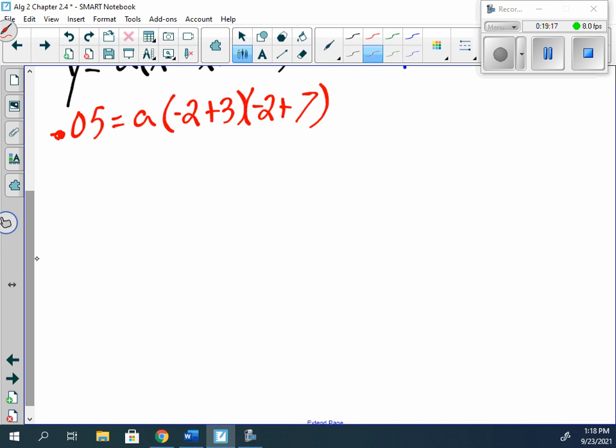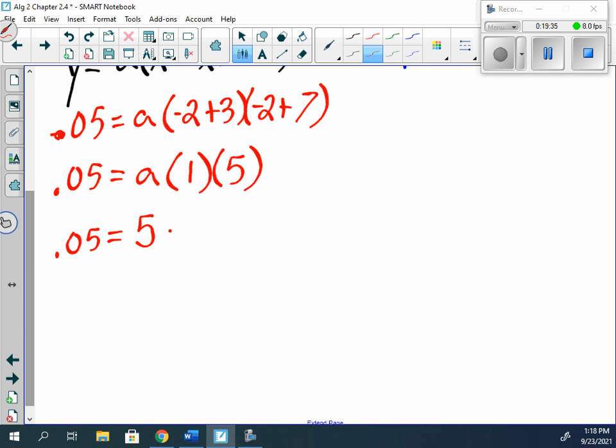Now we just need to solve for the value of a. So we have 0.05 is equal to a, parentheses 1 and 5. Exactly. Well, 1 times 5 is a. And last but not least, what would we do? Divide both sides by 5.